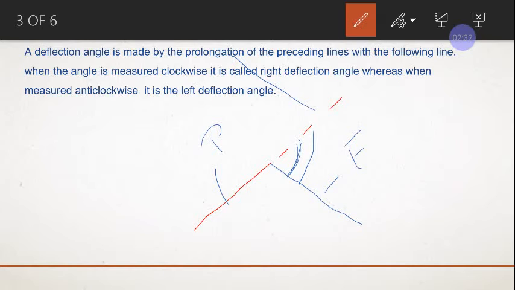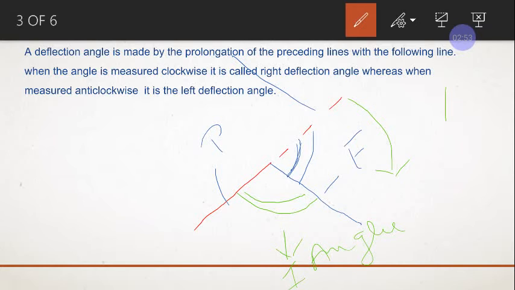And what is this called? This is called the interior angle. Now we have measured this in the clockwise direction, right?